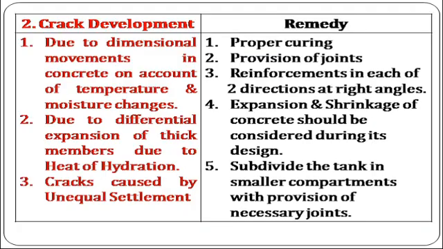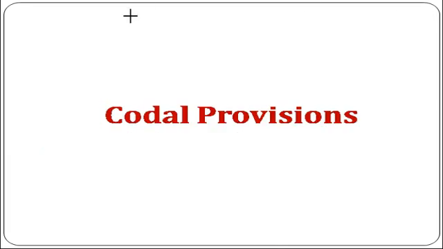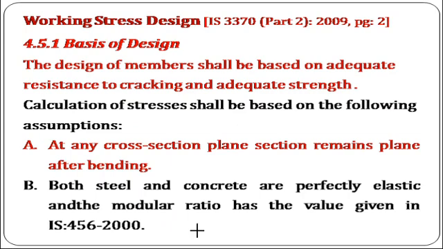Some crack development patterns, or the points we have discussed, and the remedy for them we have also discussed in the previous lecture. Now the code provisions: as per the working stress design method, we have to follow the different code clauses we have seen.